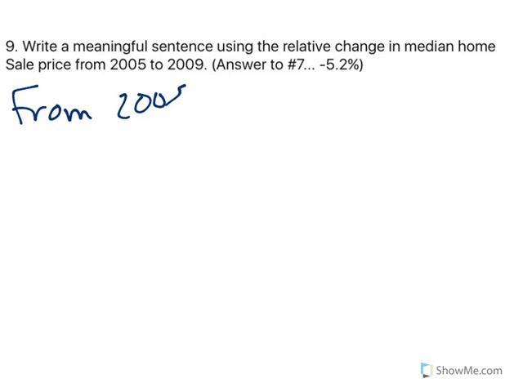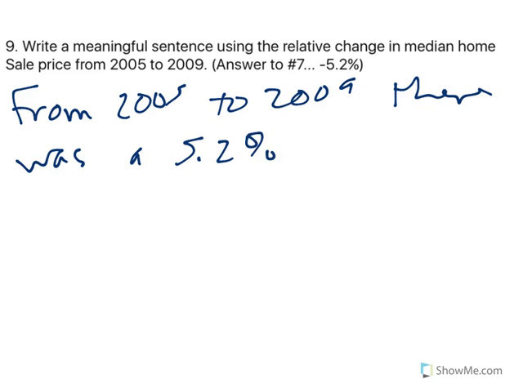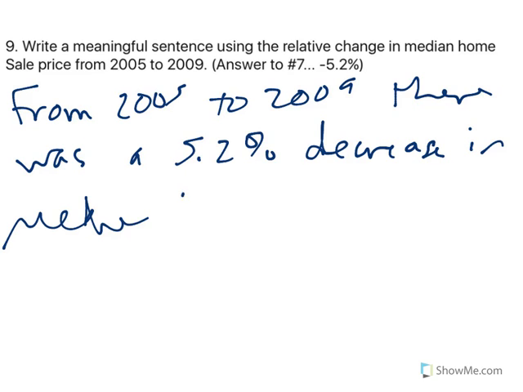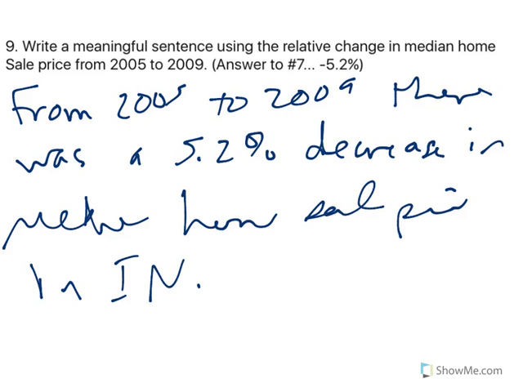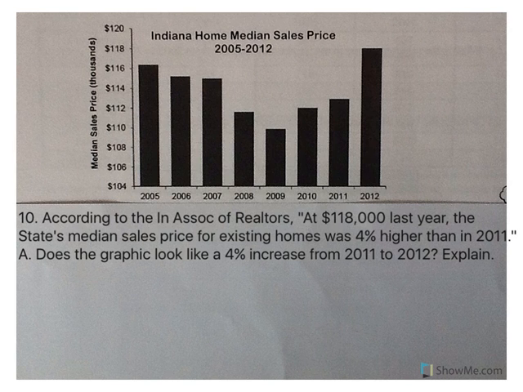From 2005 to 2009, there was a 5.2% decrease in median home sale prices in Indiana. Notice I did not have to put a negative sign out here because I used the word decrease. If you say decrease, that implies negative. If you say increase, that implies positive. So the decrease and the increase can work in a couple of different ways there.